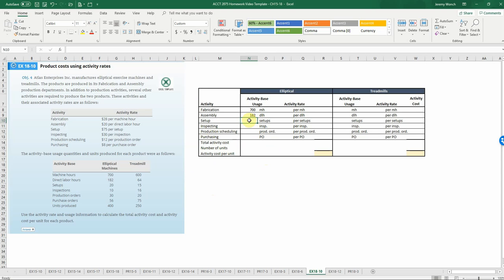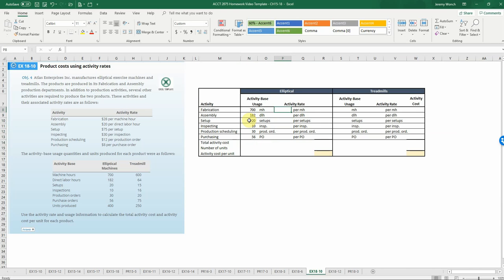For the setup, we have 20 setups, 10 inspections, 30 production orders, and 56 purchase orders. And then we identified the cost for each one of those.